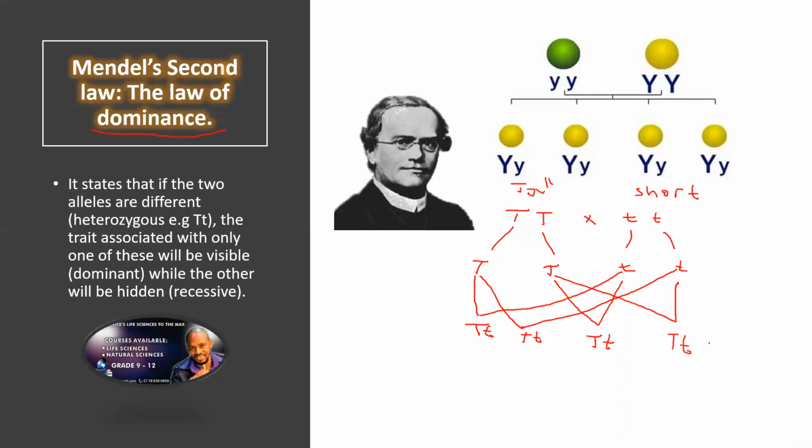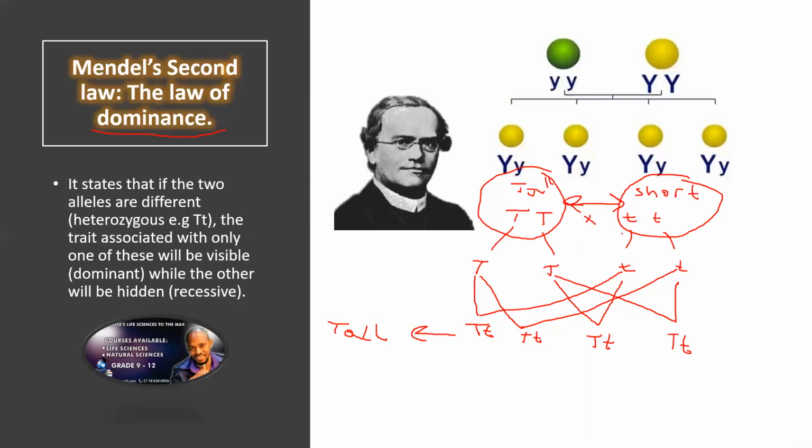Mendel realized that all the offspring, when he looked at them physically, they all had the characteristic of just one of the parents in terms of height, and that characteristic was tallness. They were all tall, just like one of their parents. But the characteristic of the second parent was never represented. When he always repeated with these two parents, the outcome was always the same. The offspring were always all tall.